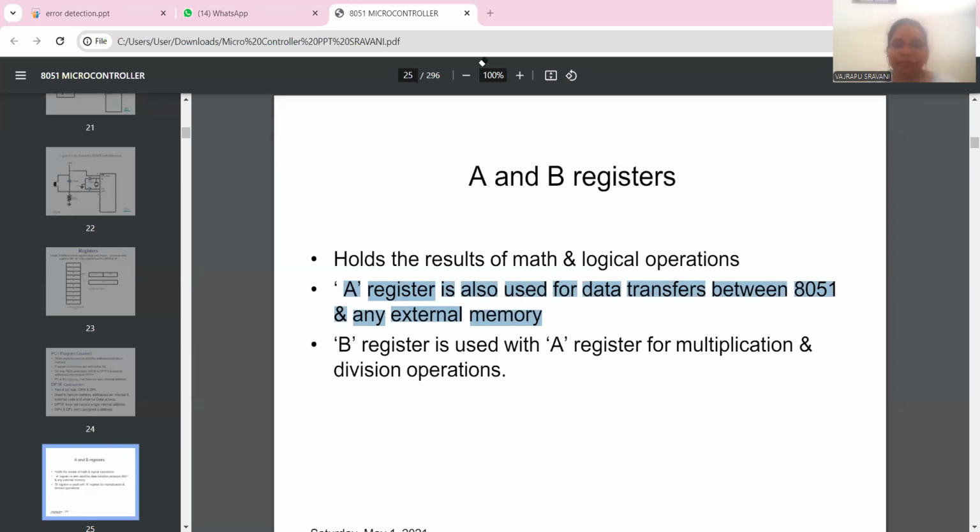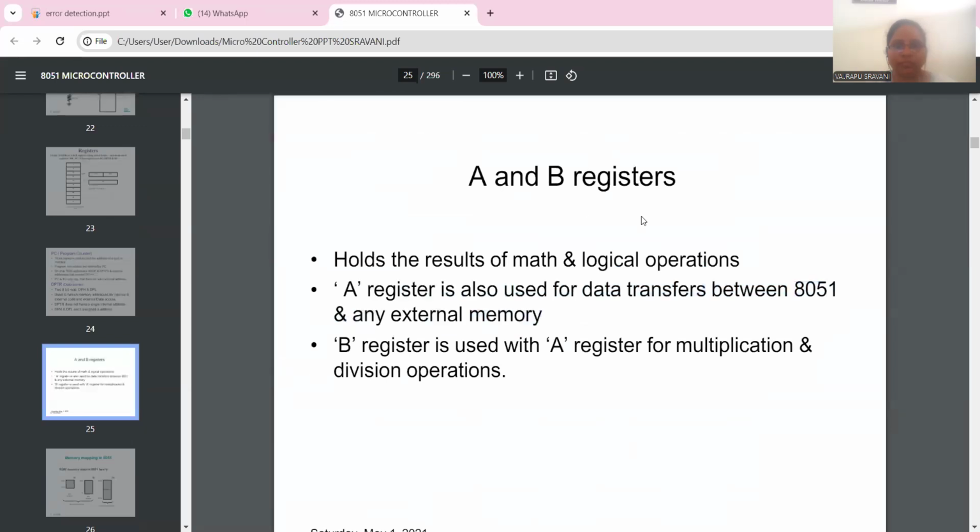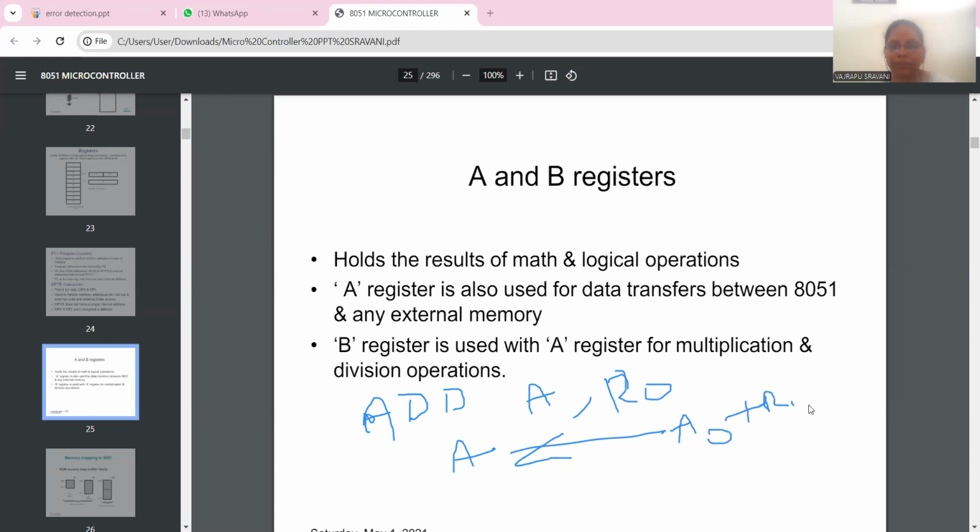For example, ADD A, R0: here the addition of A along with R0 is performed, and the result is also stored in the A register itself.